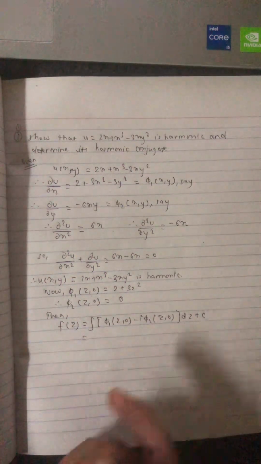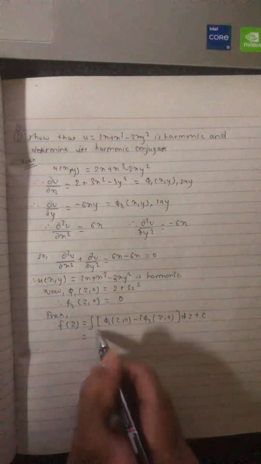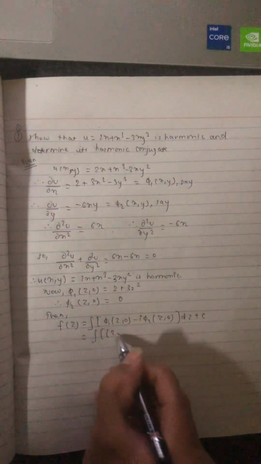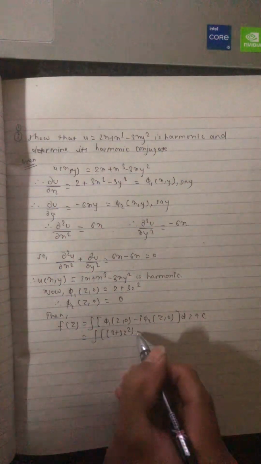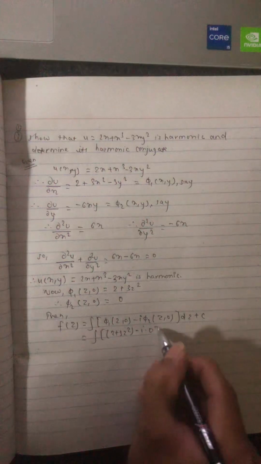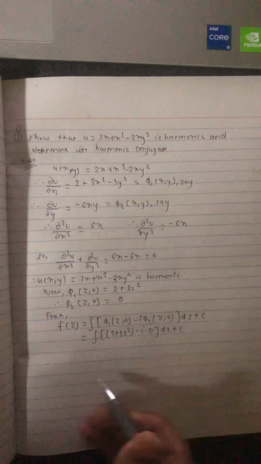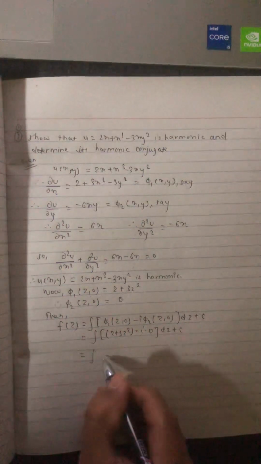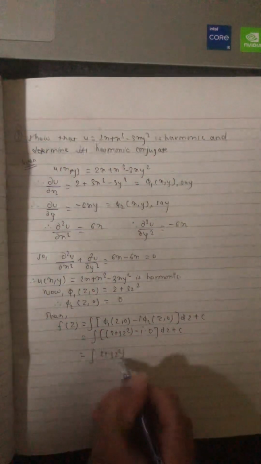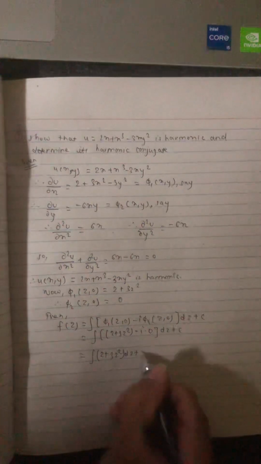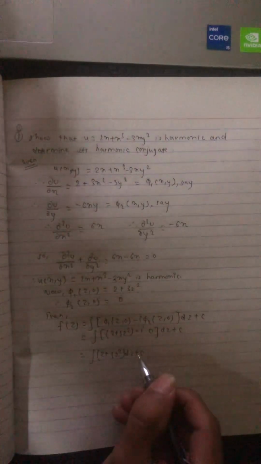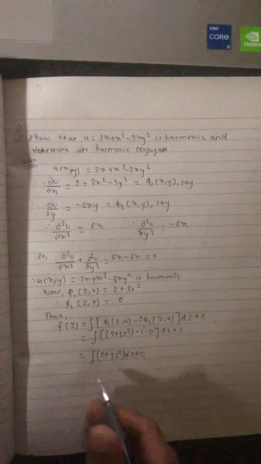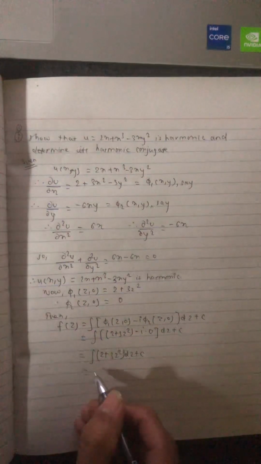Let's put the values: 2 plus 3z square minus i into 0, it becomes 0. So the integral of 2 plus 3z square dz plus c.